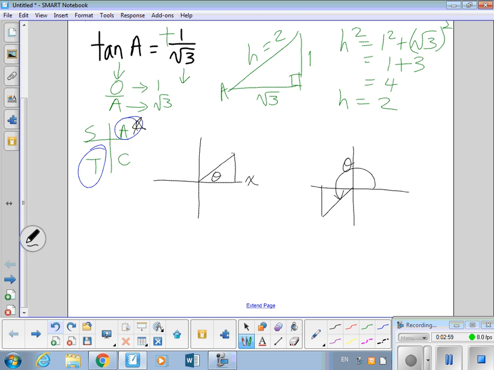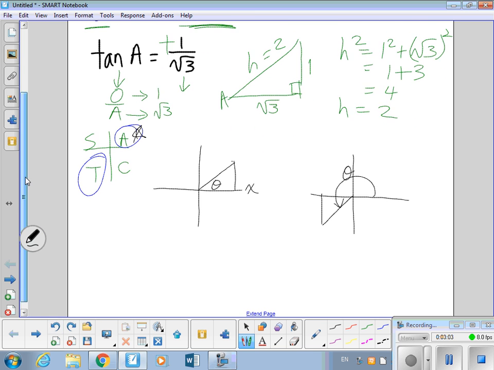So now if I actually draw this, I know that my hypotenuse, according to this here, has to be 2, and it will be 2 in both cases. I know that the opposite is going to be 1, and the adjacent is going to be square root 3. The same thing is going to happen here. So I have a 1 and a 2, but a 1 and a square root 3.